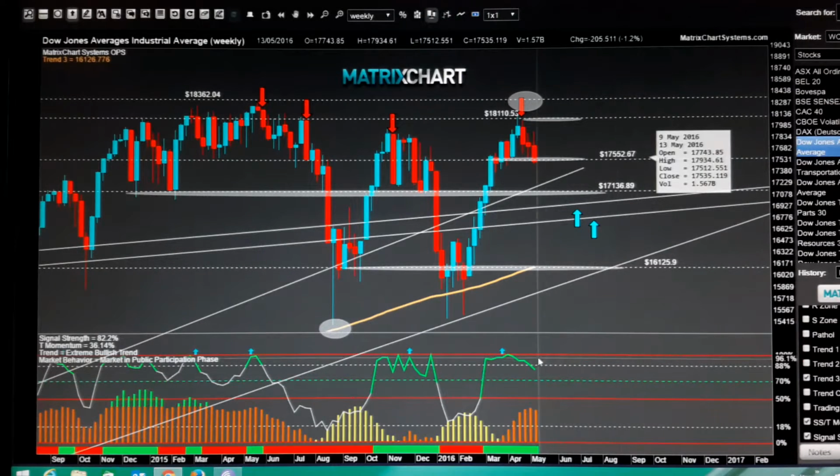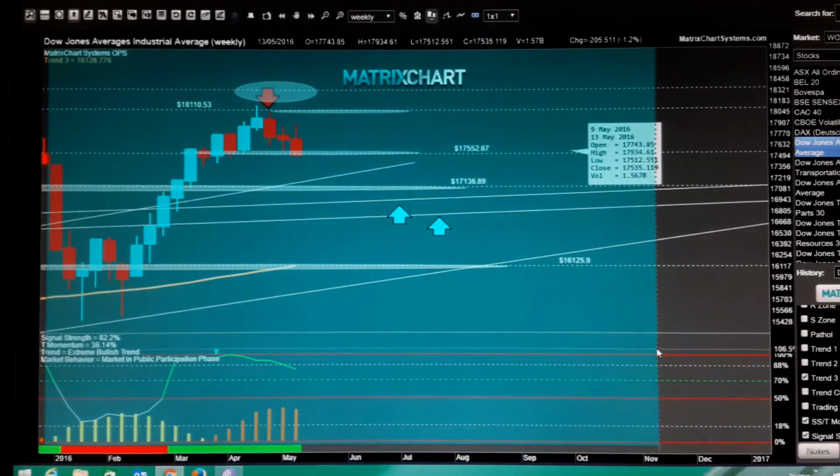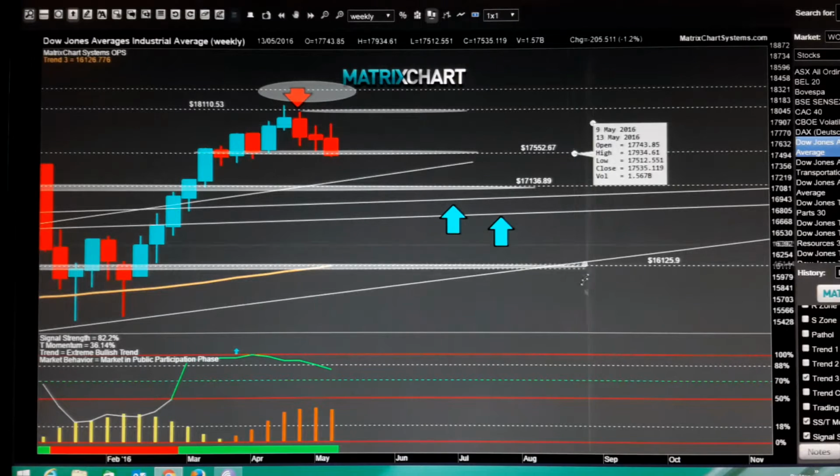Okay, let's look closer at the detail in the shorter term trend. In the past 3 weeks, we have one black crow right over here, and then it followed through with another bearish candlestick.